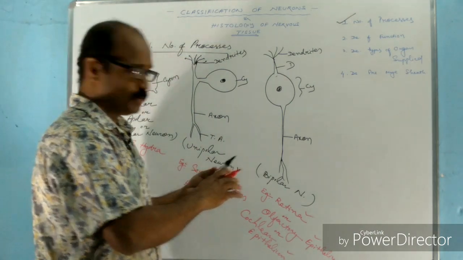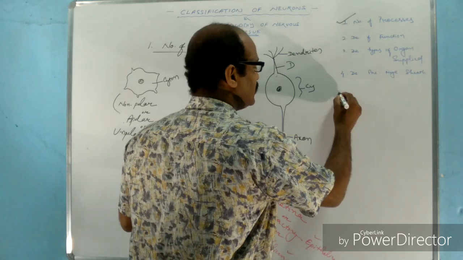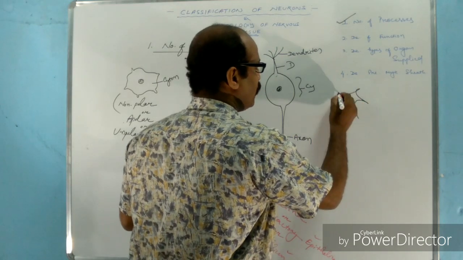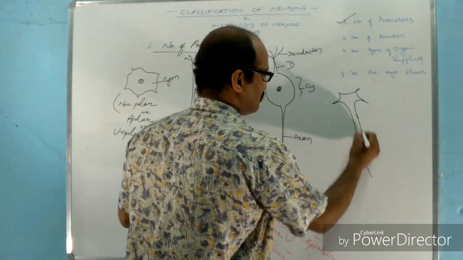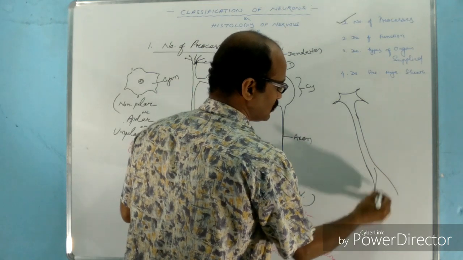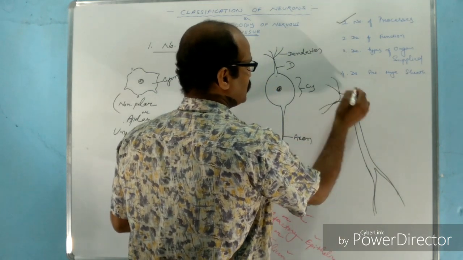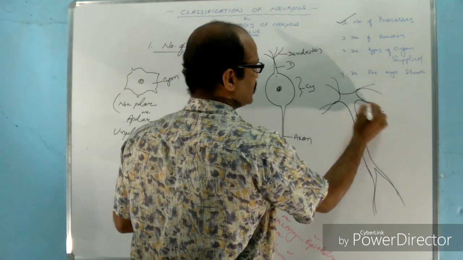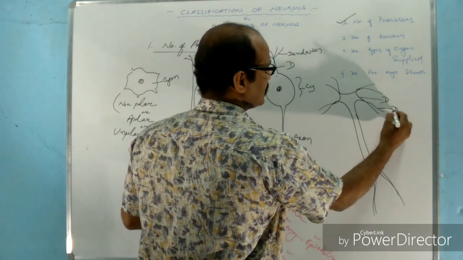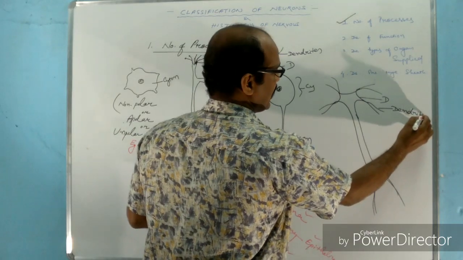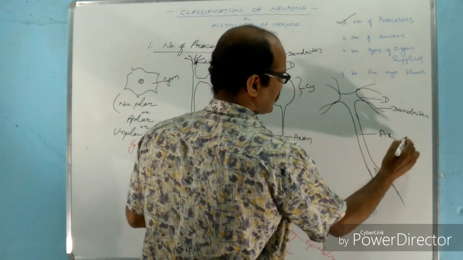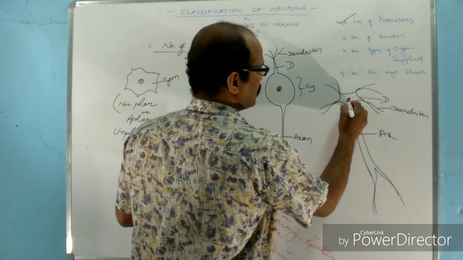And another neuron is where you find a number of dendrons present but a single axon. These are the dendron, these are dendrites, this is the axon, and this is the nucleus.